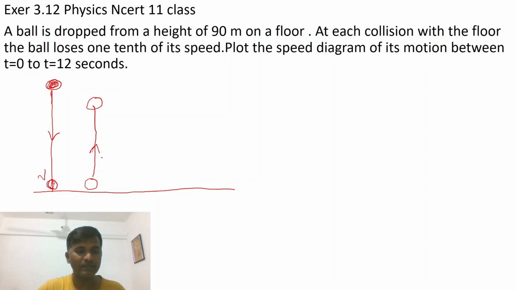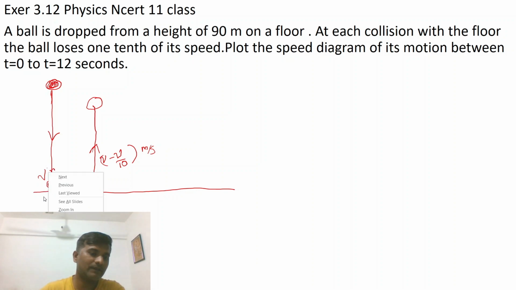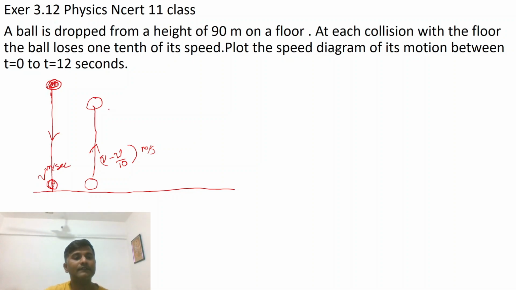The velocity was v, and v by 10 is lost. That's why the velocity with which the ball goes upwards will be v minus v by 10 meter per second. Here the velocity before it hits the floor was v meter per second. Able to understand? Yes.